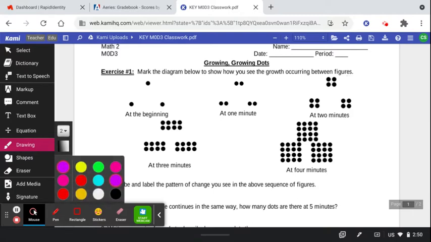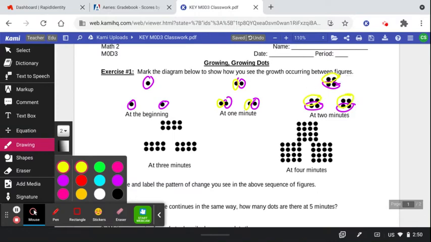So if I start with these initial 3 dots at the beginning, and then notice that these initial 3 dots end up doubling. And then likewise, we can see that these, now that there were 2, also end up doubling, and so on and so forth.